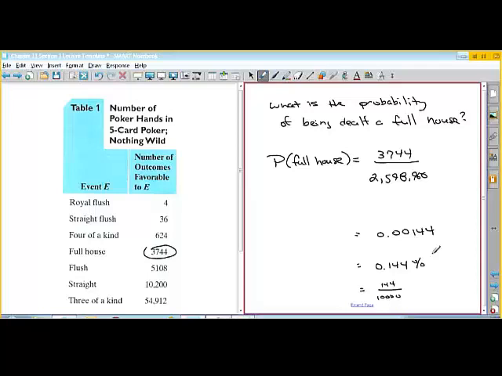If you were dealt 100 hands, it's going to be less than 1 every 1,000. I think I've got an extra 0 missing there. Let's just plug it in my calculator to see. You can always check that out. So let's make sure. Yeah, so it actually should be 144 per 100,000.